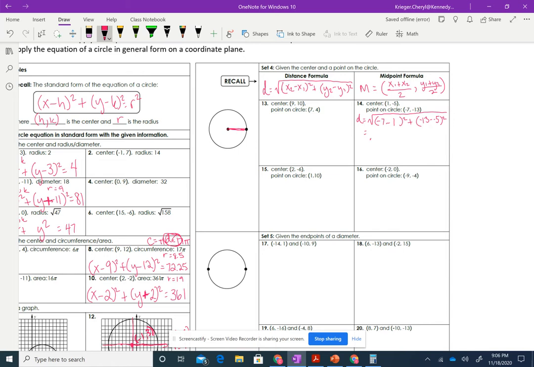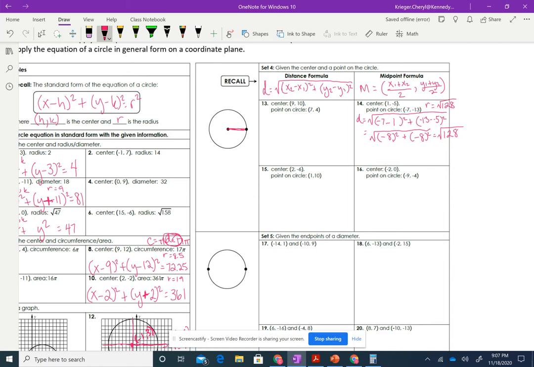So that is the square root of -8 squared plus -13 plus 5 is -8 as well, squared. So 64 plus 64 is 128. And the square root of 128, let's just leave it like that. I think that's probably better. So r equals the square root of 128.